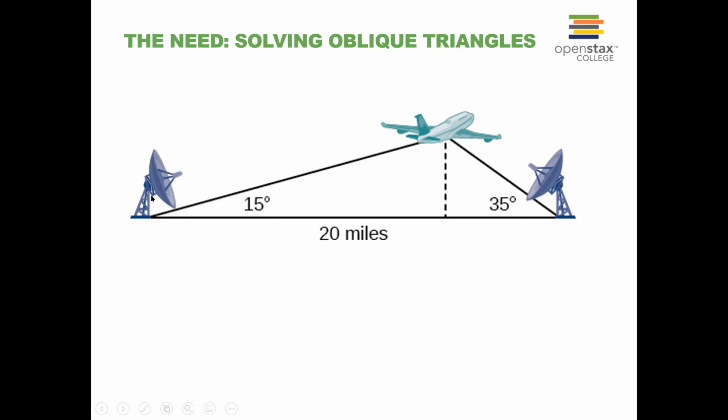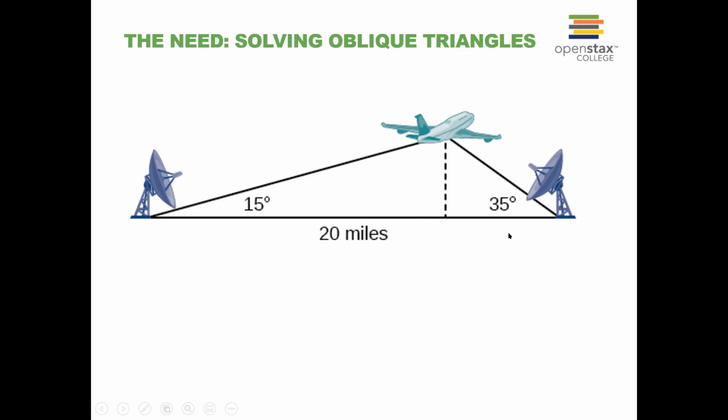And we know that from the first radar, the plane forms 15 degrees with the ground, and from the second station, the plane forms 35 degrees with the ground. Could we tell the altitude of the plane?